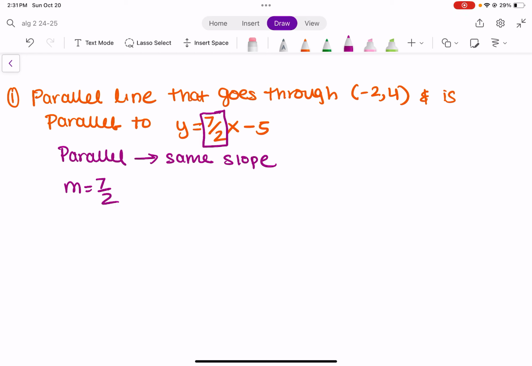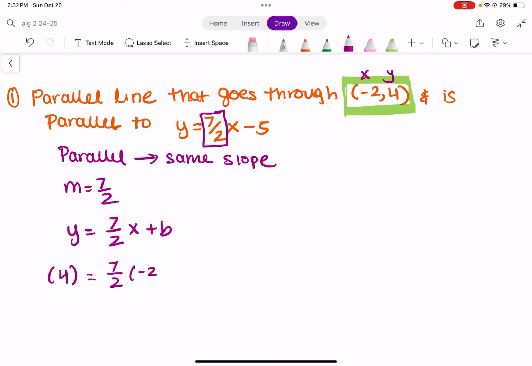So I can write the equation. I don't know what b is, but I know the slope is going to be 7/2. So I have this equation, y equals 7/2x plus b. Now we need to find the b, and we know that it goes through this point. So you should know this. We are going to now plug in this point, right? This is my x, this is my y, to find my b, right? And this is review now.